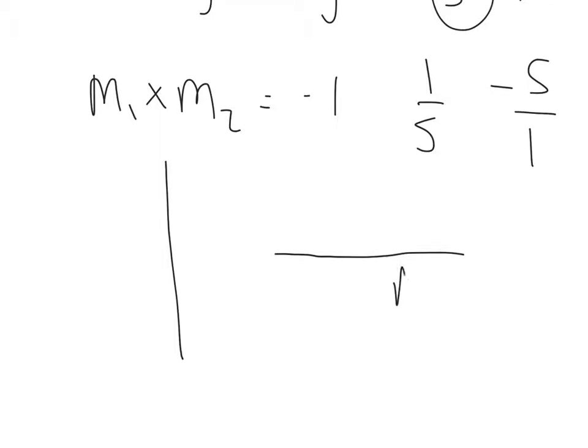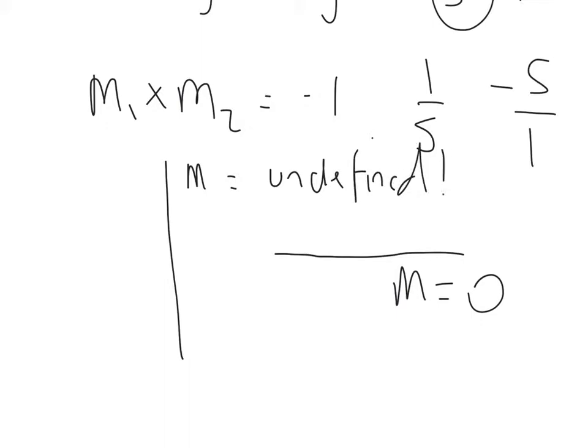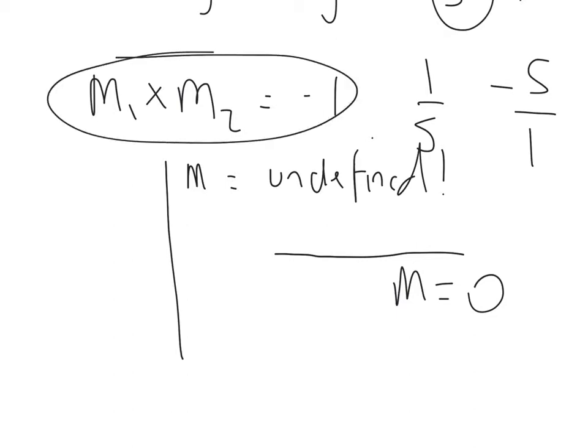The gradient of a horizontal line is 0, and the gradient of a vertical line is undefined. Another word that we could use for that is it's infinite. But the relationship of M1 times M2 equals minus 1 and flip the fraction, change its sign does not work for only these examples, vertical and horizontal lines.